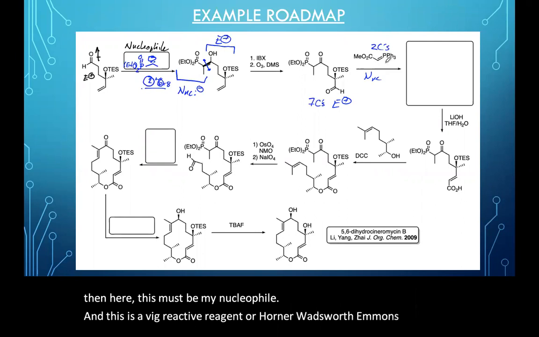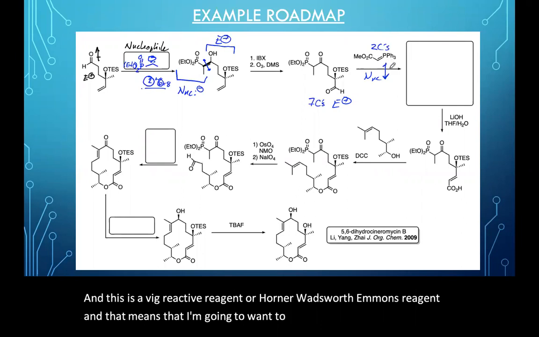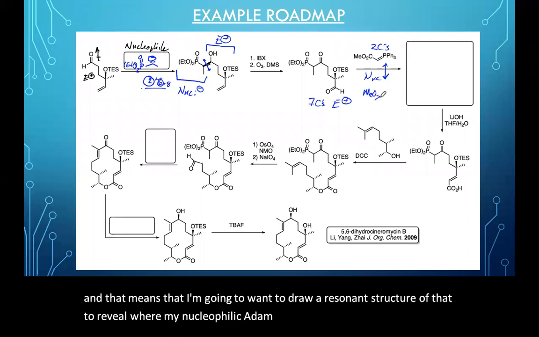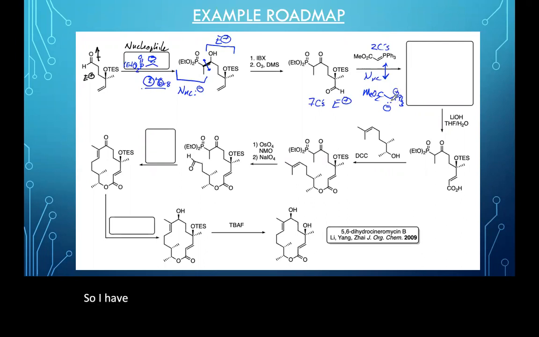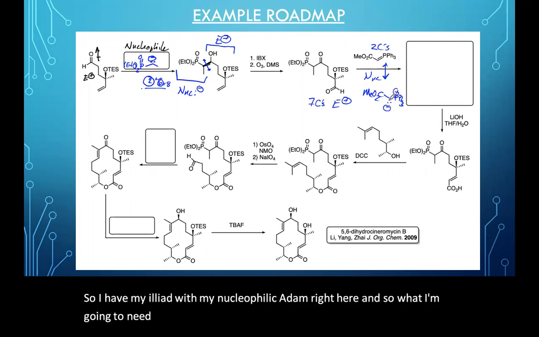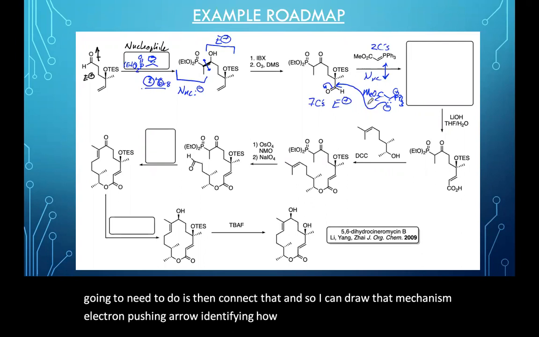And that means that I'm going to want to draw a resonance structure of that to reveal where my nucleophilic atom is. So I have my ylid with my nucleophilic atom right here. And so what I'm going to need to do is then connect that. And so I can draw that mechanism, electron pushing arrow, identifying how the first step is going to proceed.